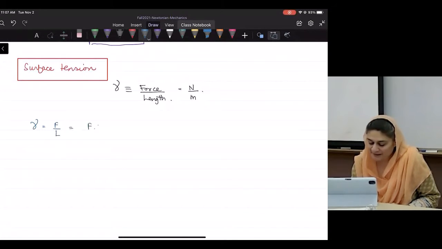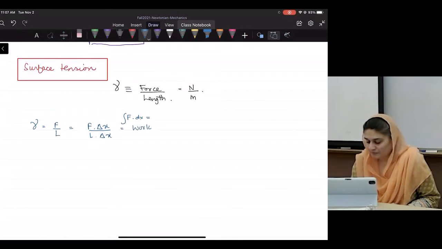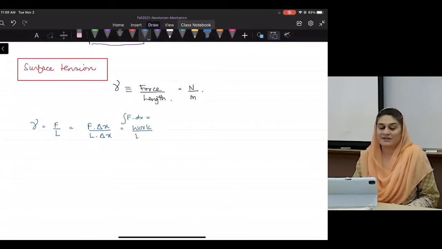May I multiply and divide this by delta x? Anything stopping me from that? What is F dot dx? Work. Good. And what is L dot dx? Area.